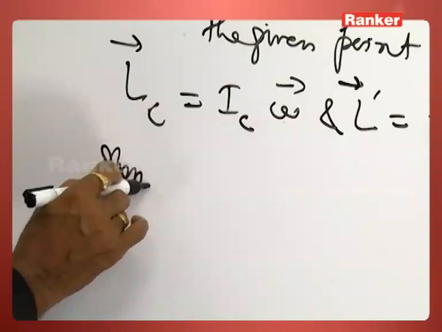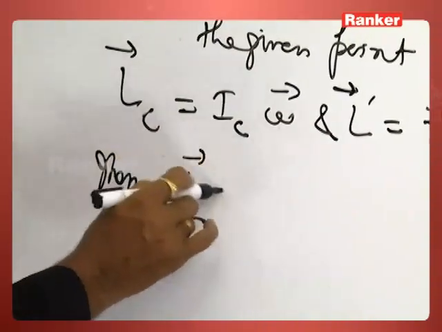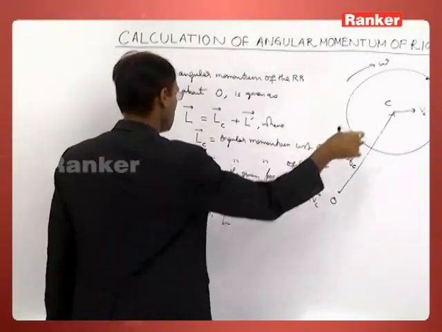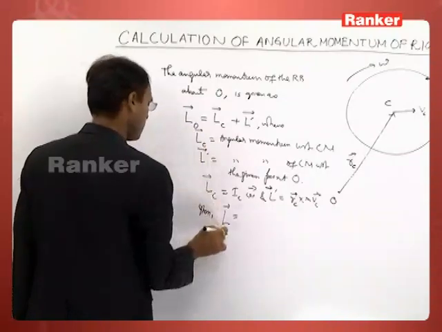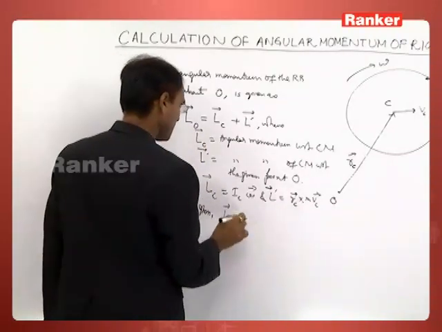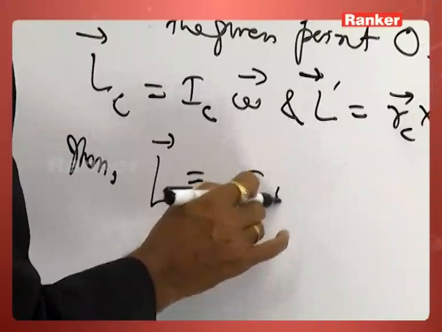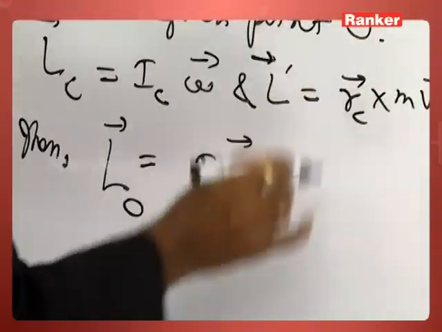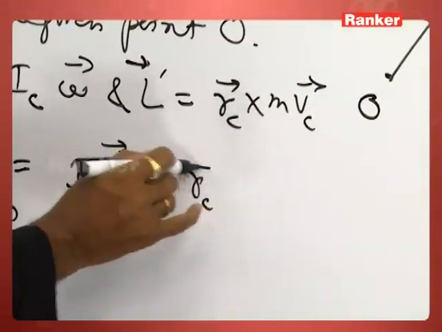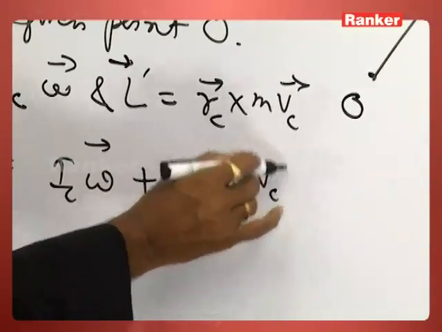Then we can write the total angular momentum of the rigid object with respect to the given point O or P is equal to I_C omega plus r_C cross m v_C.